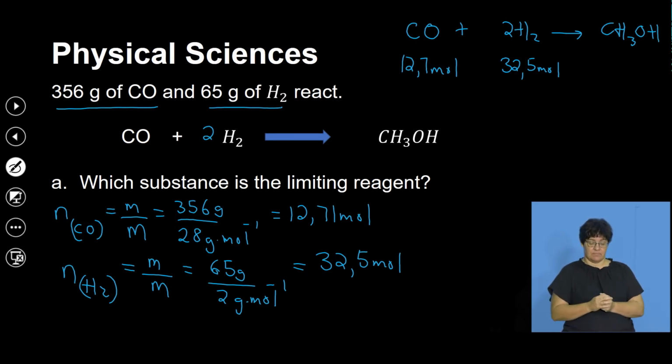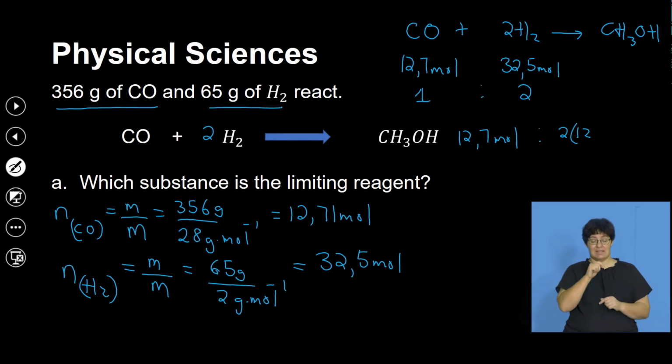The ratio is 1 to 2. This is the stoichiometric ratio in which they react with each other. So for every mole of carbon monoxide, we need double the moles of hydrogen gas. If we've got 12.7 moles of carbon monoxide, it will react with double that, which is 2 times 12.7.